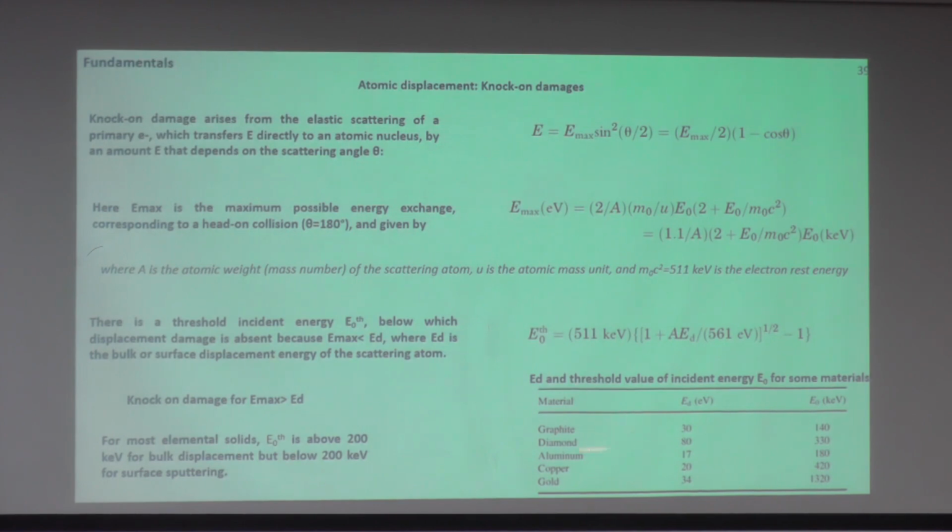For graphite we need only 140 kilo electron volt, for diamond 300, for aluminum 180. So if we have light elements, we can easily kick out atoms or destroy the structure in TEM.